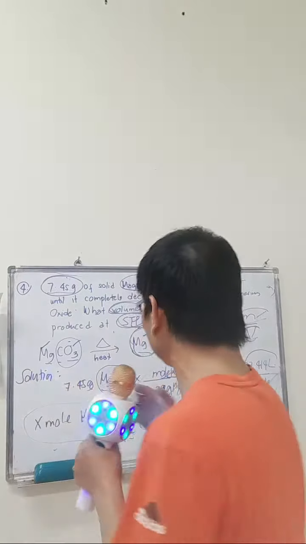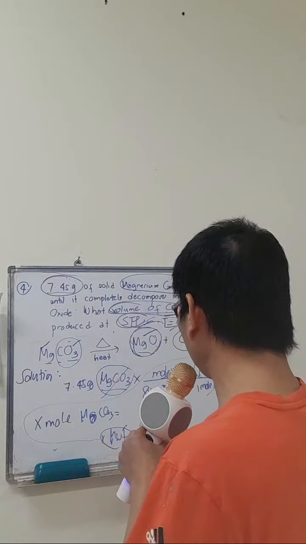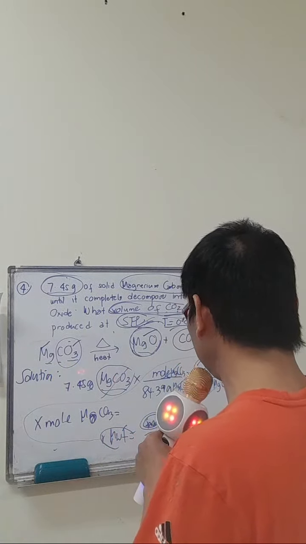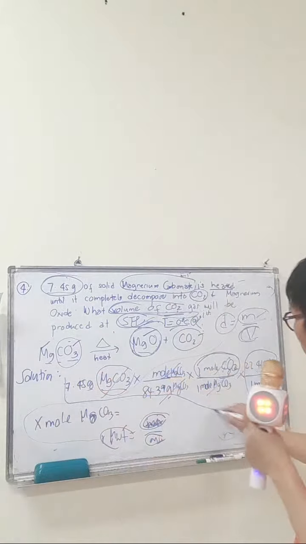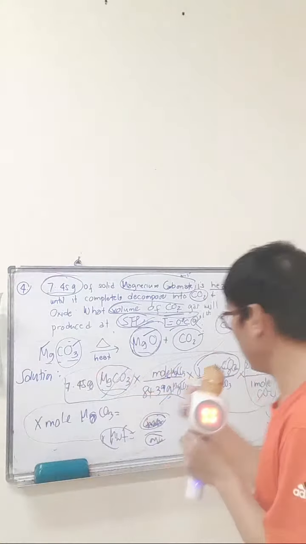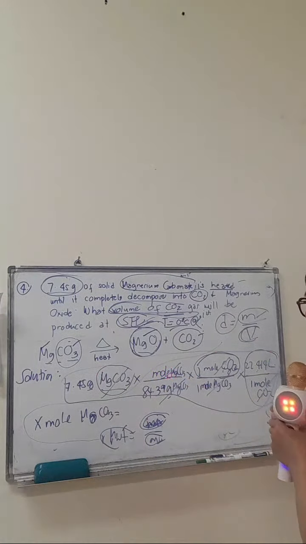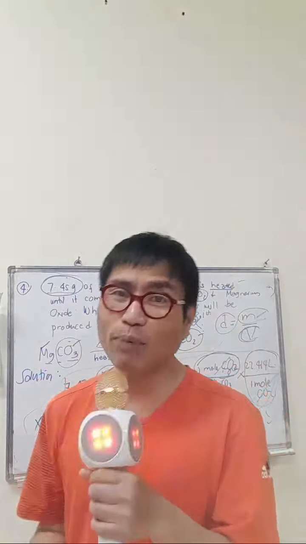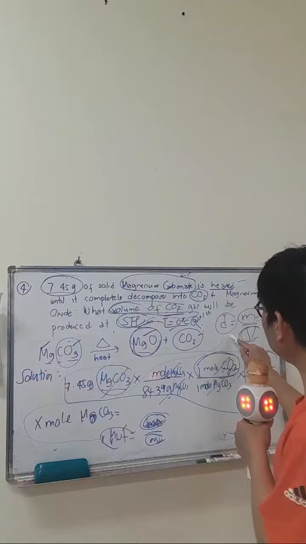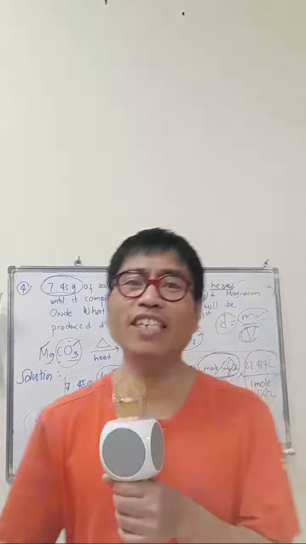Okay, going back to the solution proper, calculator please. Here we already get the liters of carbon dioxide. If you want to work it out yourself, you can get the density using PV and RT.